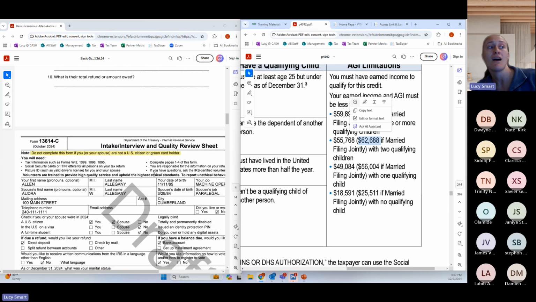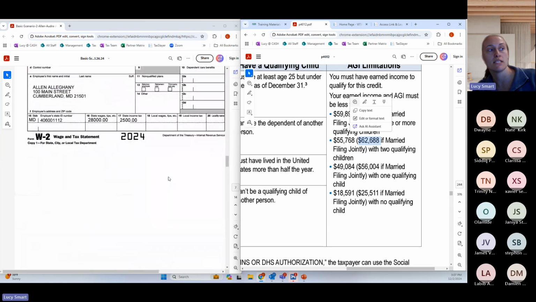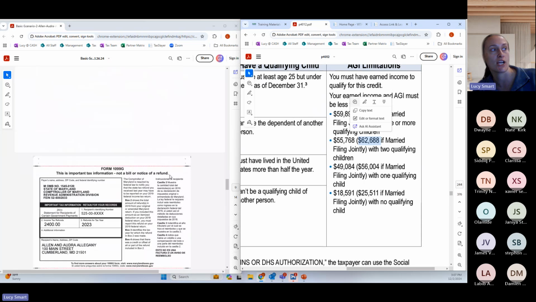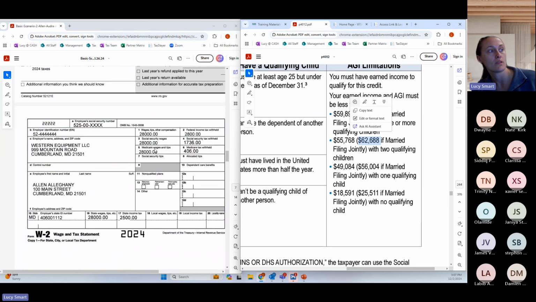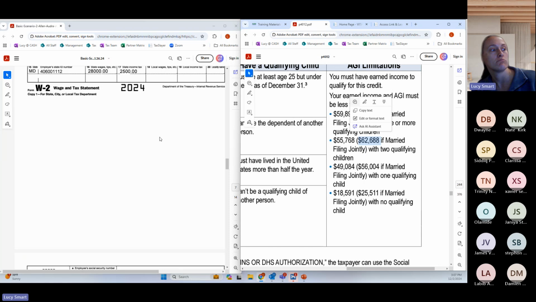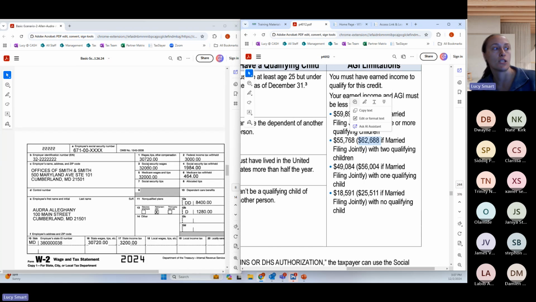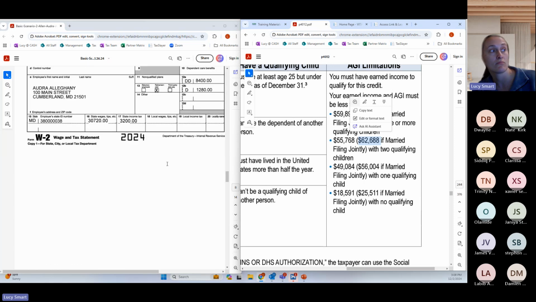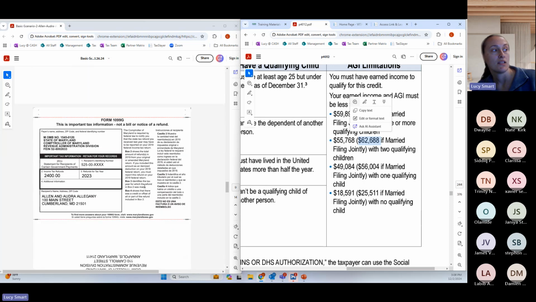$62,688. Of course, the software is going to do this for us, but since we're still learning, let's check out what their income is. Got $28,000 from Alan's work, plus $30,700 from Audra's. So right now we're at $58,720. We have this taxable refund of $2,400.